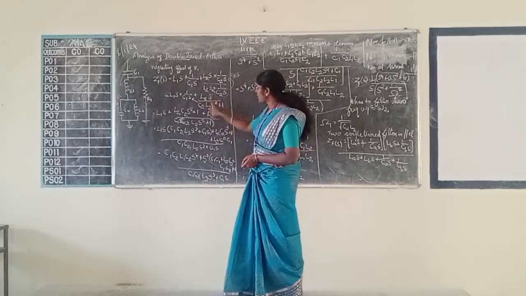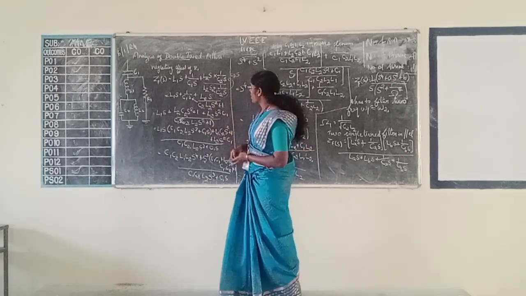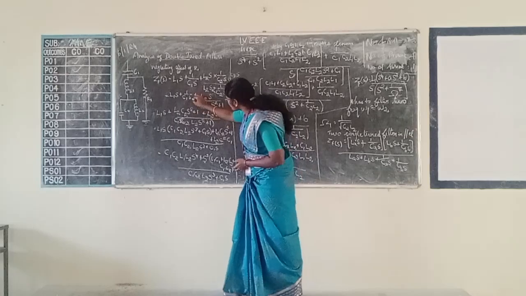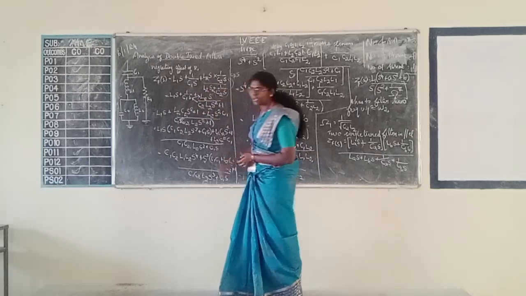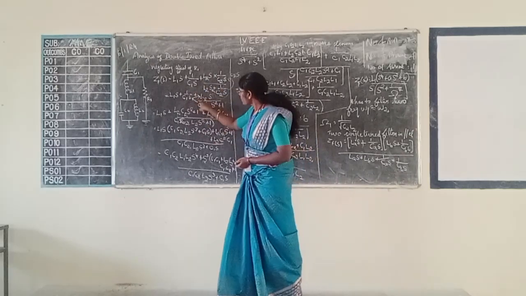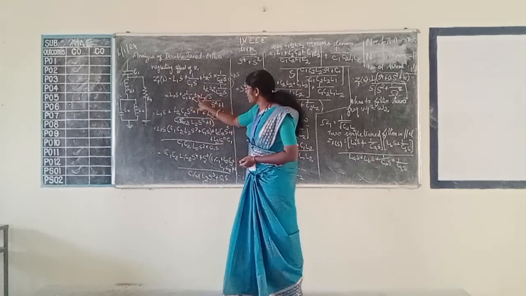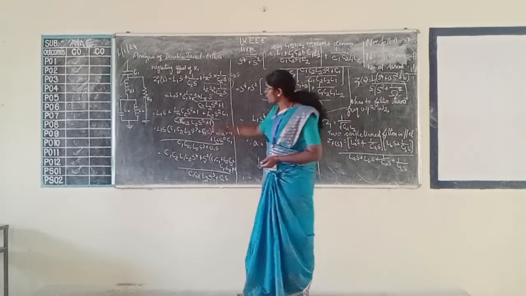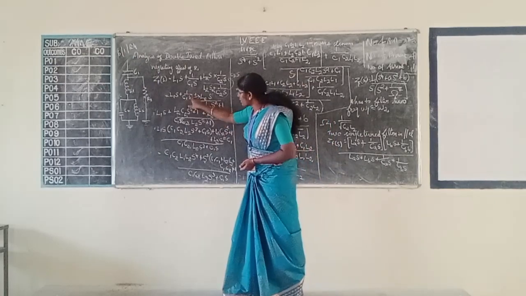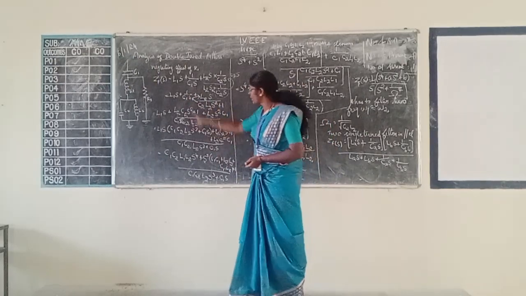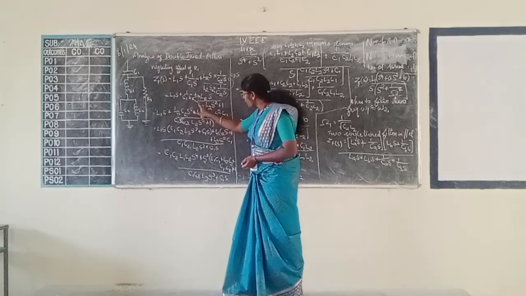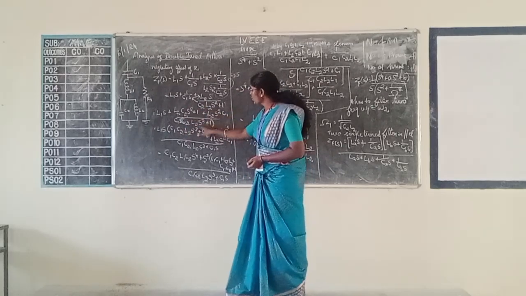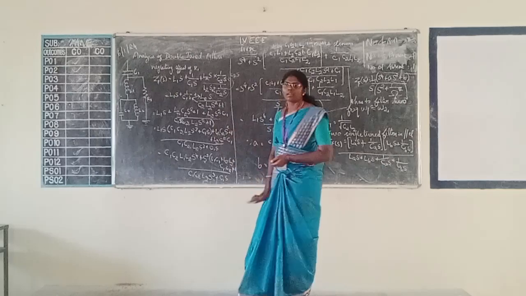And plus this numerator L2s, these two get cross multiplied. That is L2s into s becomes s squared along with the C1, and in the denominator both terms are multiplied, that is C1s into L2C2s squared plus 1.